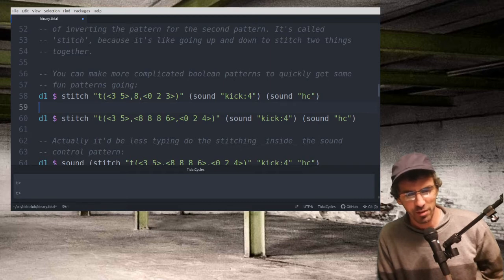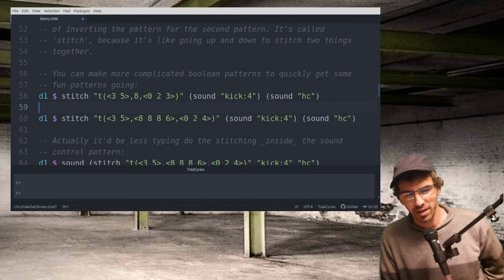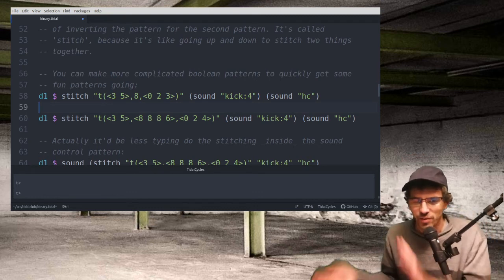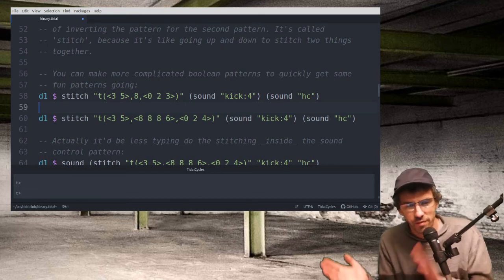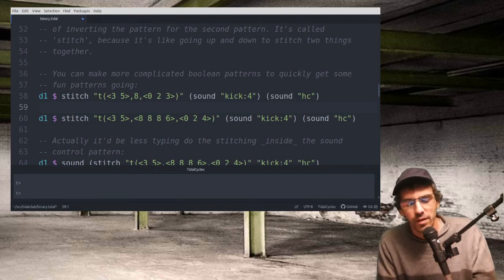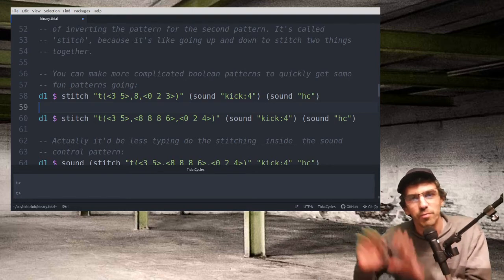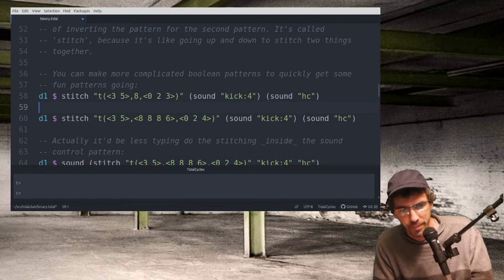But I'm also patterning the skipping that's happening here. So here this cycles it by 2 steps, and here by 3 steps, then goes back to 0. So it's shifting the pattern as well. You end up with quite a complex movement between the kicks and the hi-hats, the closed hi-hats in this case.